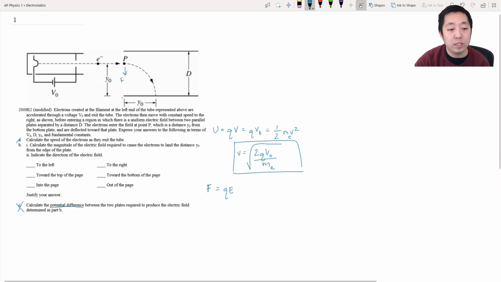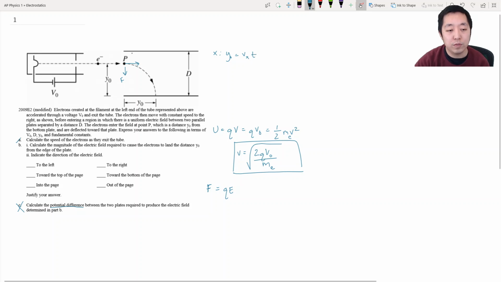So if I want it to land y naught away from this point, I need to look at its initial horizontal and vertical velocities. Its initial velocity is horizontal because it was projected out this way. So I'm going to need to do kinematics in the x and the y direction. In the x direction, the distance y naught is just equal to its velocity in the x direction times t.